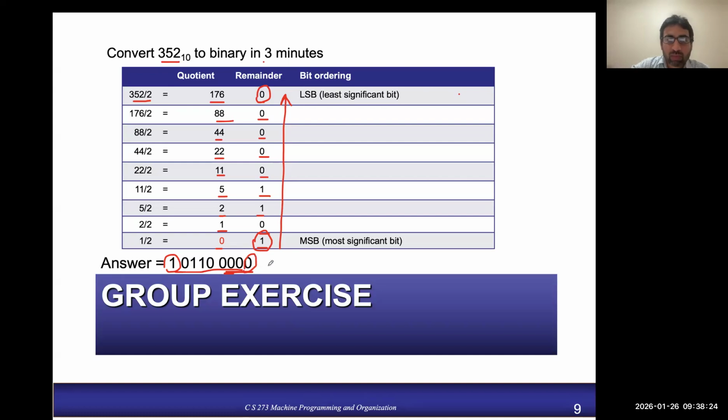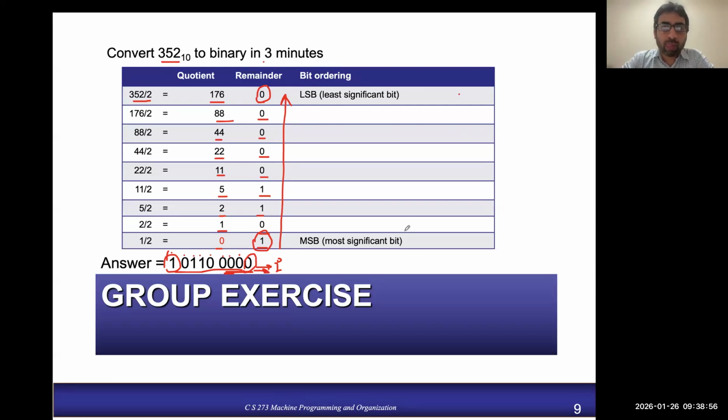Because the last bit will be multiplied with 2 raised to power 0, and then this will be multiplied with 1, 2, 3, 4, 5, 6, 7, 8. So this will be multiplied with 1 into 2 raised to power 8. Since the power of 2 is highest for this bit, that's why we name it most significant. And the power of 2 is 0 for the bit on the extreme right side. That's why we name it least significant bit. Okay.